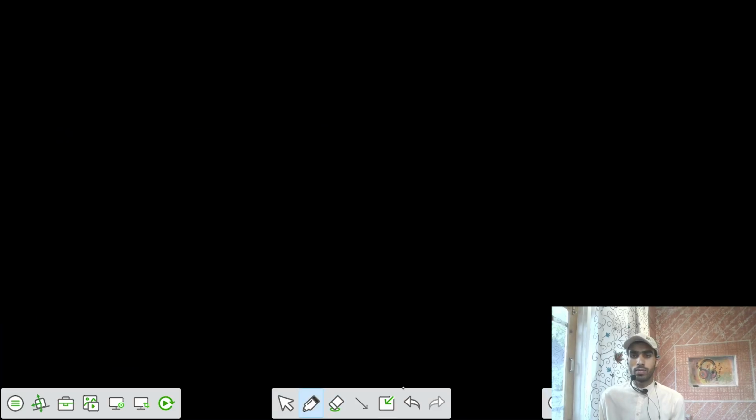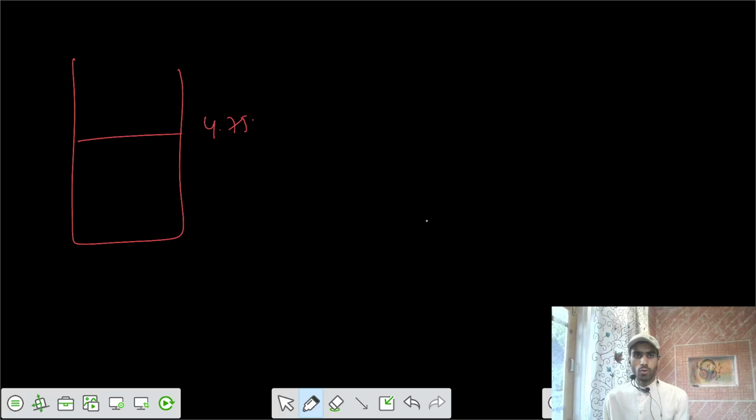Okay. Let's go for one more. Let's say that we have this data. This is your sieve 4.75 mm, and there is one more sieve, 75 micron. And we're saying that a retained part is there. 40% is retained on this sieve size.